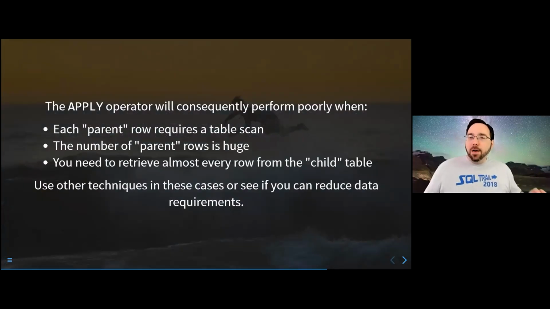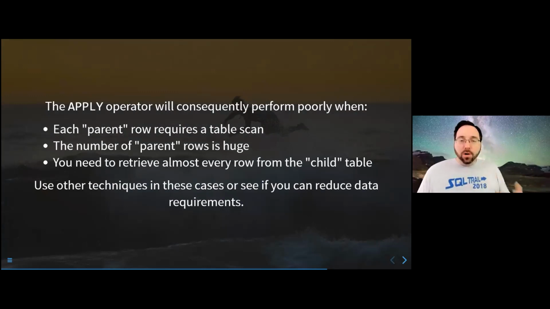Consequently, apply will perform poorly if you need to scan for each parent row. So that's where I mentioned if you have no index or a bad index and you have to scan 19,000 times, that's way worse than scanning once, obviously.